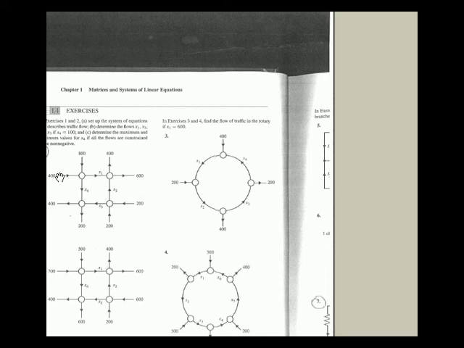So the total number of cars coming in balances the total number coming out. Otherwise, if there are more cars coming in than going out, then the traffic flow can't be constant. It's going to be steadily increasing or decreasing. So that's why we were able to get a solution, but it's not unique.